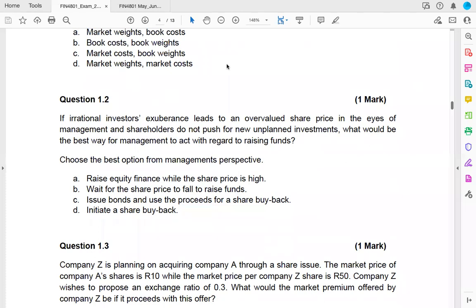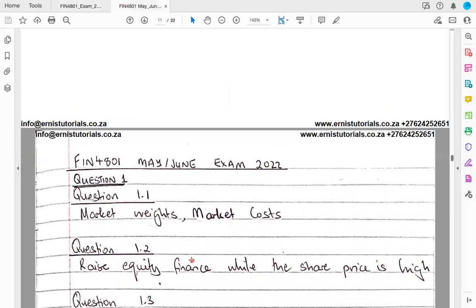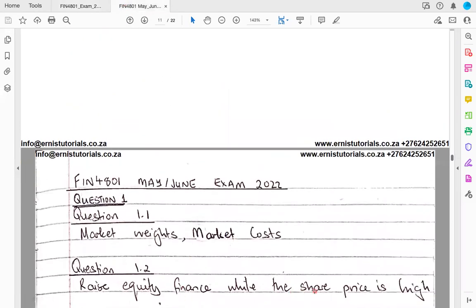So usually when the share price of a company is overvalued, it's usually the best time to raise finance because you don't have to issue as many shares as when the share price is low, and that prevents the dilution of shareholders' interest. So in this case, we would say the best option is to raise equity finance whilst the share price is high.